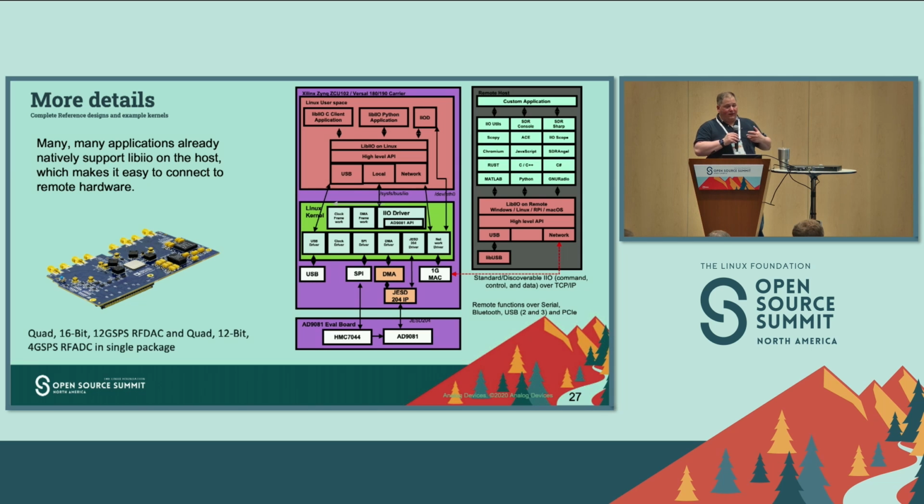We interface to a variety of different software packages that support IIO, from SDR Angel to GNU Radio, to MATLAB, to a variety of different packages that are up there that I can hardly read anymore because I'm at a weird angle. But from Rust to Chrome, all these kinds of things you can actually develop and get going yourself.